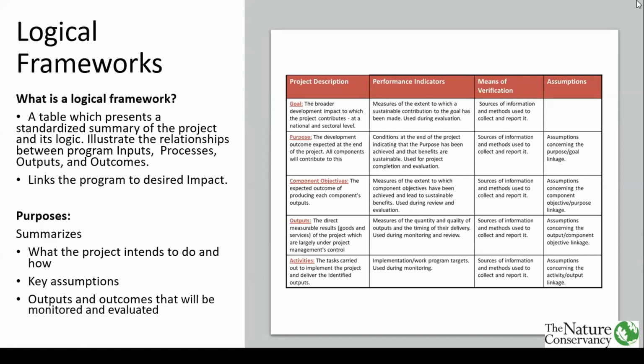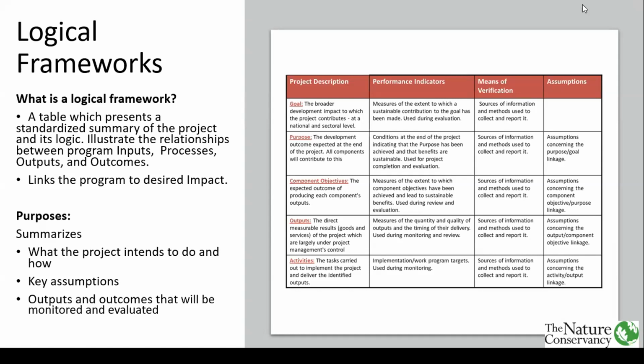On your right, I've summarized this in a small table. You have the goal, your purpose, your component objectives, your outputs, and your activities. That's in terms of how you describe your project. And then you have your performance indicators. You list all the indicators under each of the components, and then you must have a means of verification.